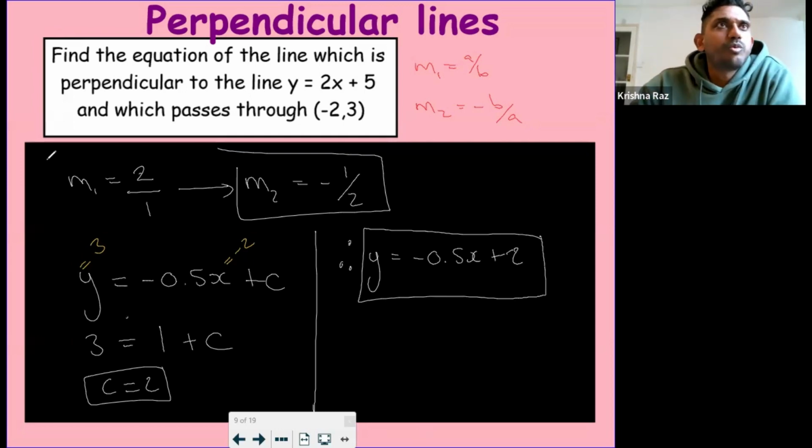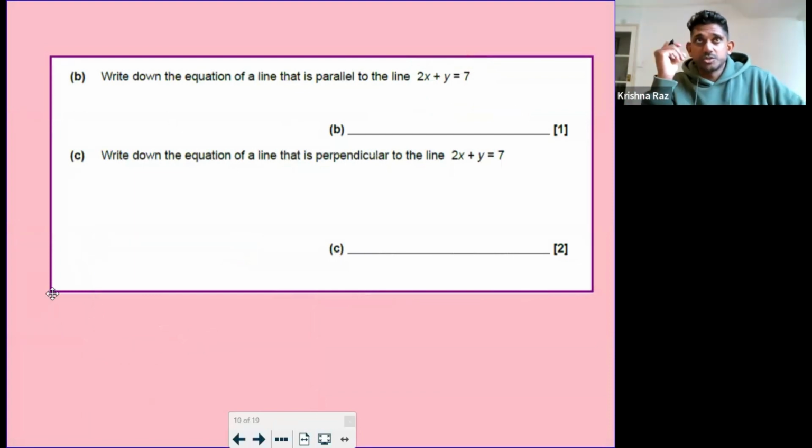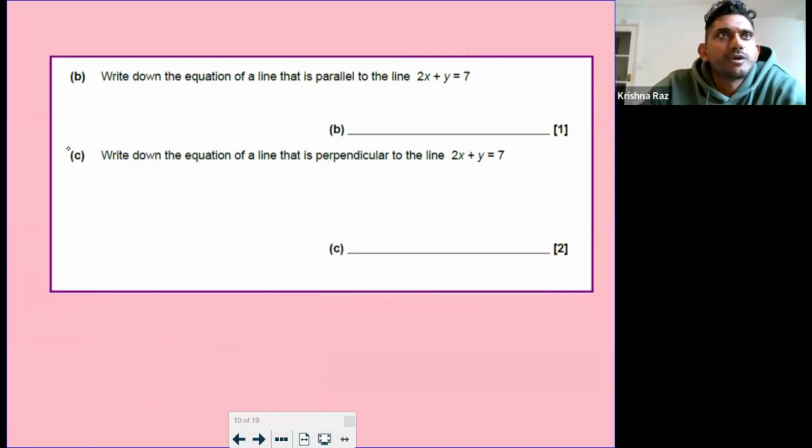And I think we have one more question. So an exam style question here that I thought you might enjoy. Give this a go. So what we need to do is put this in the form y equals mx plus c.